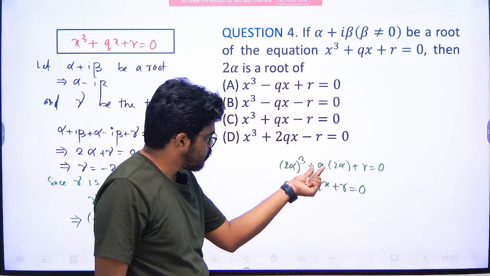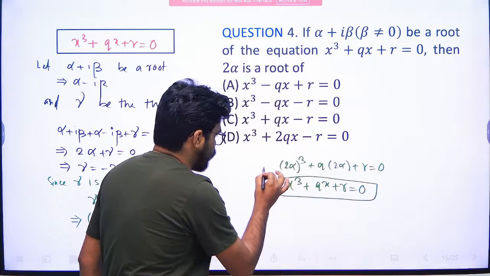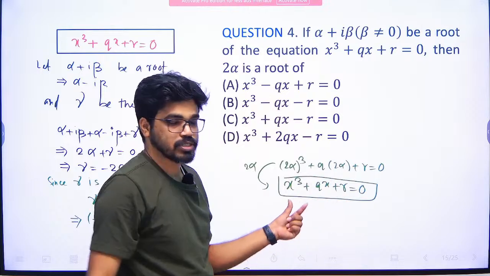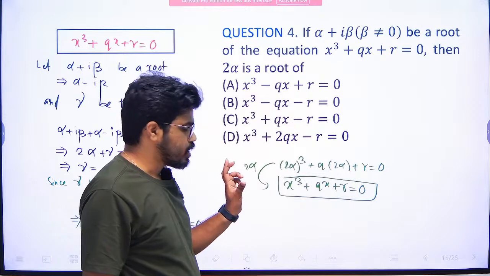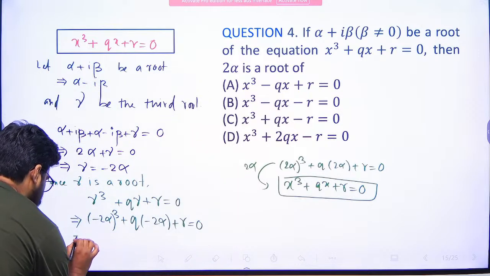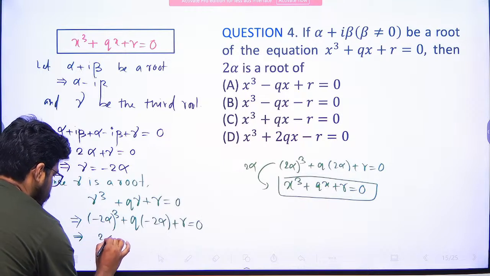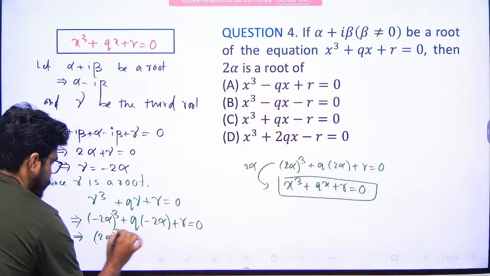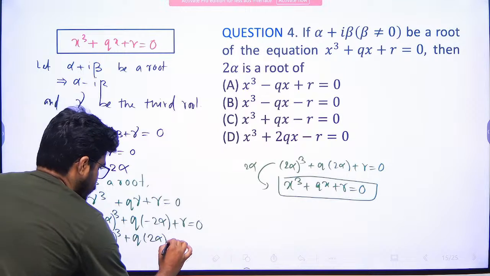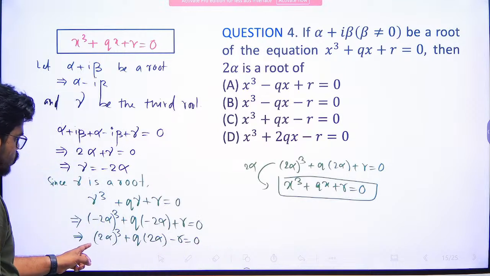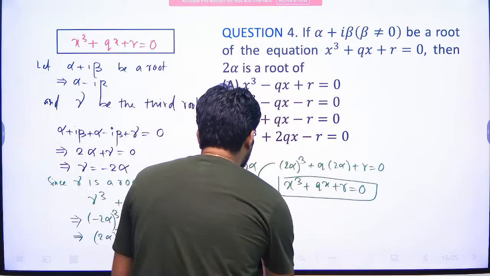Root means this 2 alpha satisfies this equation, right? Clear? Then from this we can write, multiplying by a minus sign, 2 alpha cube plus q into 2 alpha minus r is equal to 0.